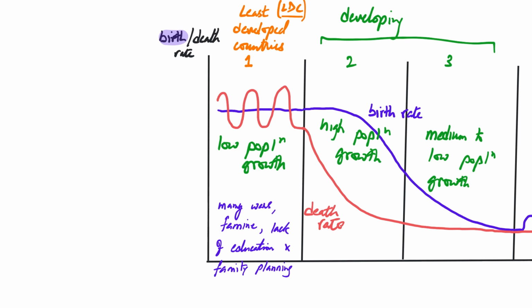In phase 2, what happens is that your death rate goes down very quickly, and the main reason for this is the improvement in healthcare. The birth rate is not falling as fast.